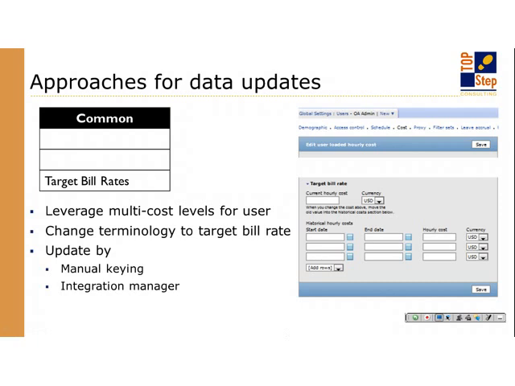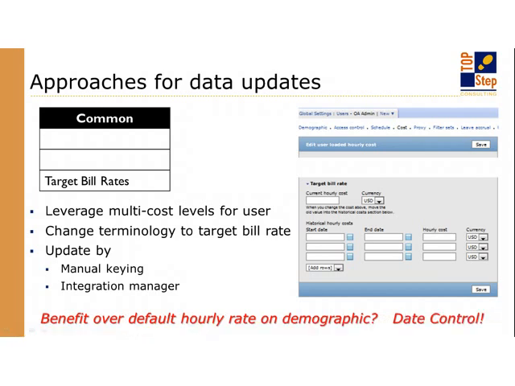Here's what we should have been billing out versus here's what we ended up billing out, so it's opportunity won or lost, a variance. So it opens up a whole other series of KPIs and metrics if you take advantage of this target bill rate activity. It does have a benefit over the default hourly rate that's on the user demographic record.